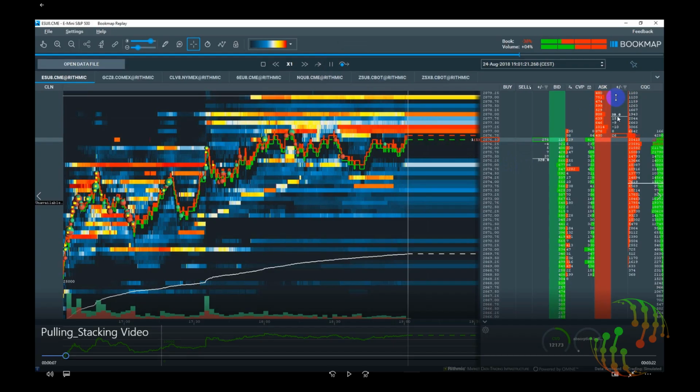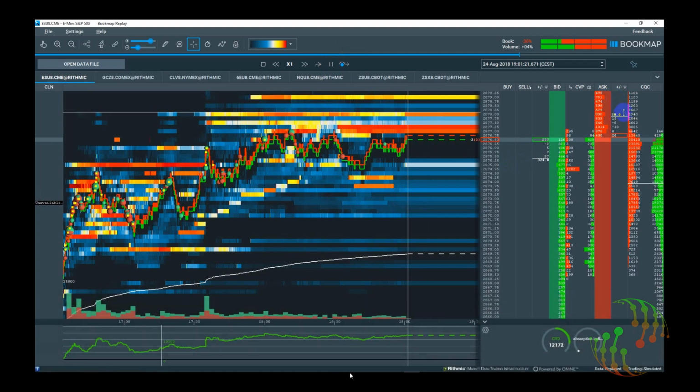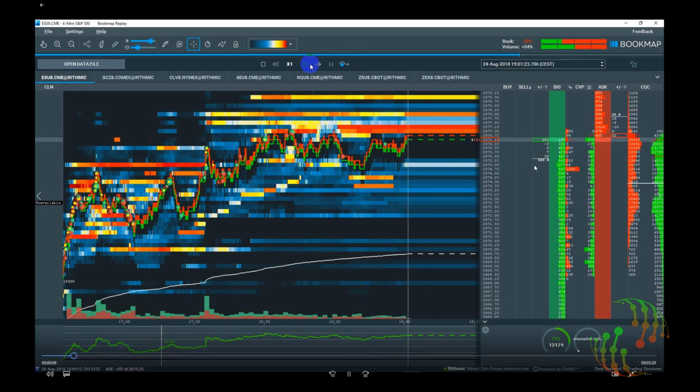And the offer side is weak. Look here. Then have a look what is going to happen here. You see that? There's a strong positive, and that's weak. That's not something we consider strong.